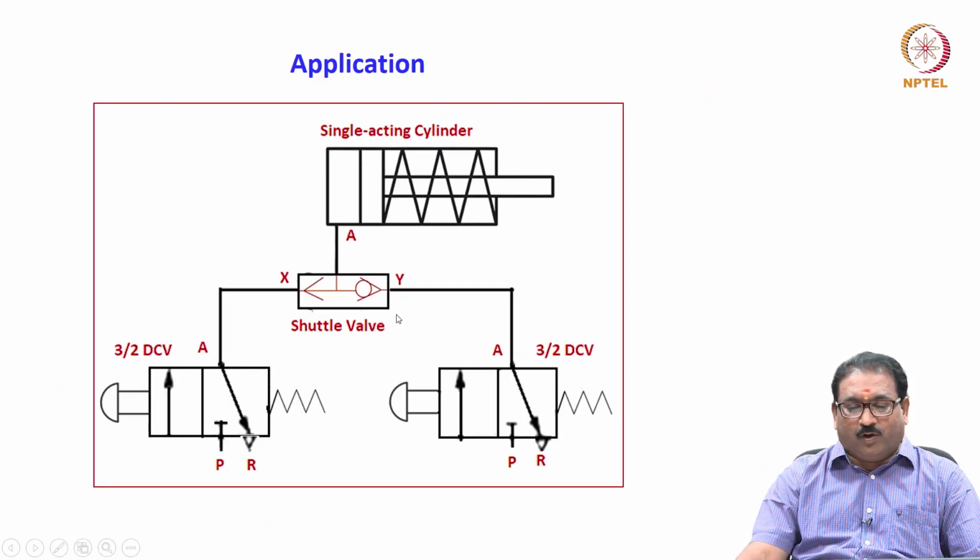An application of this shuttle valve I am showing you here is single acting cylinder operation. It is a single acting cylinder, only one port is there and spring return. This is a piston, this is a piston rod. It is connected to the shuttle valve here, and one side of the shuttle valve is connected to a 3/2 DCV and the other side is connected to another 3/2 DCV.